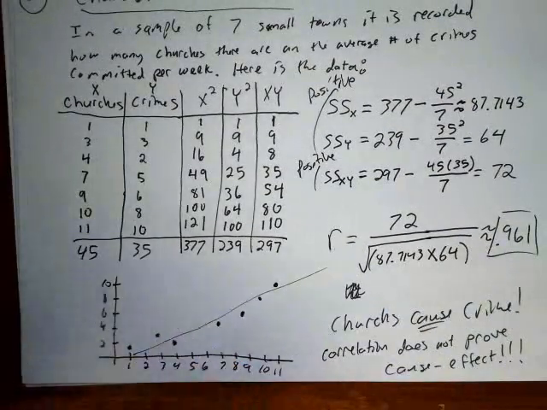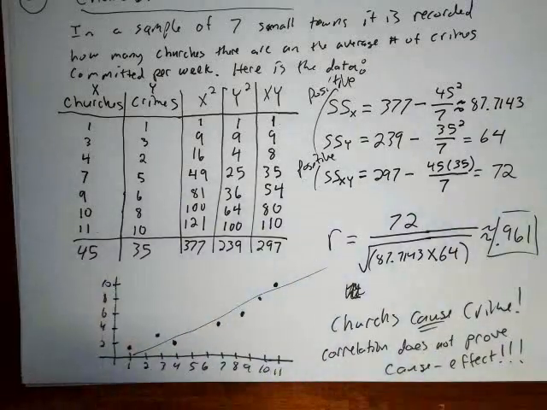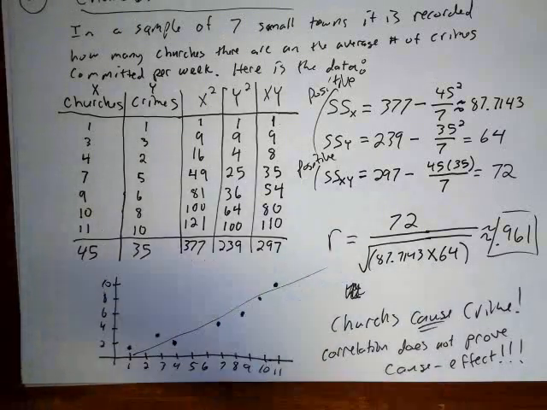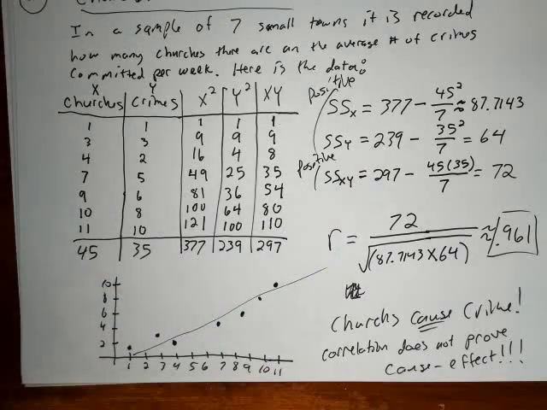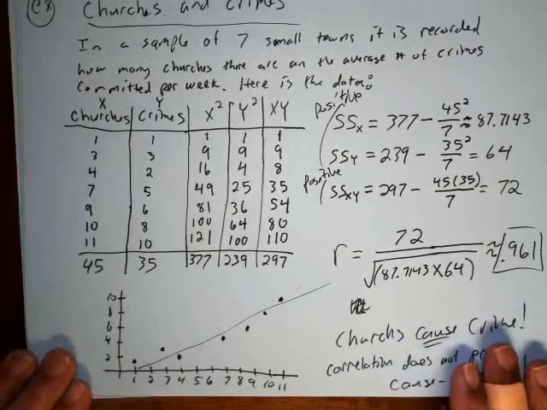If you remember back to chapter 1, a correlation study can only show that there's some sort of relationship, and it could be that it's a cause and effect relationship, but it doesn't have to be. There's lots of reasons for variables to be correlated with one another. Okay? So there's a relationship, not a cause and effect relationship in this case, because clearly the relationship is that both of them increase as the cities get larger.